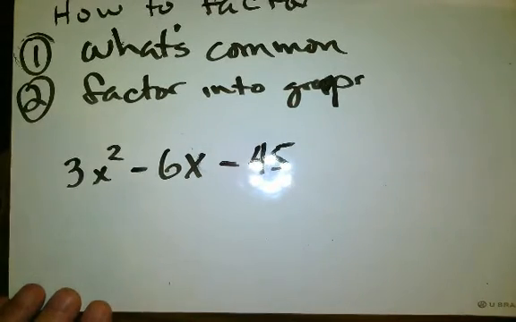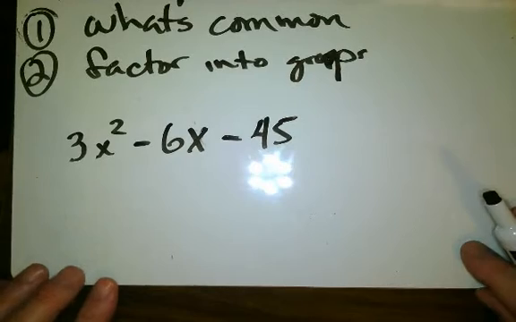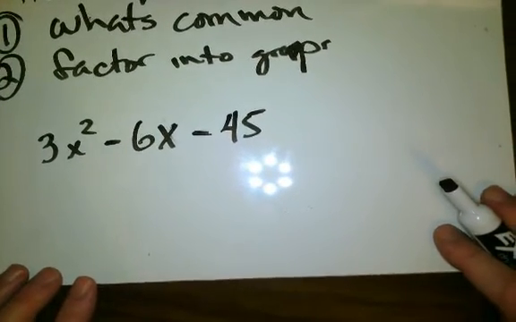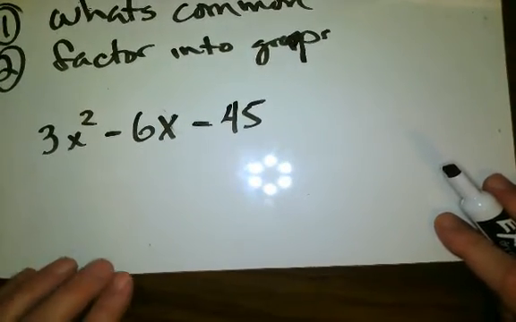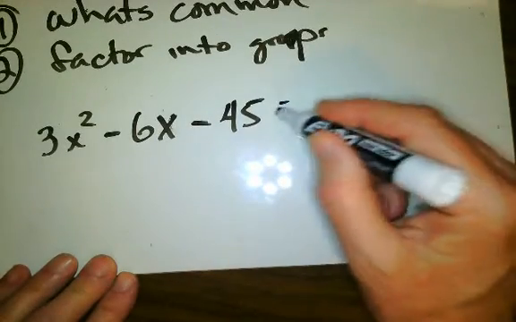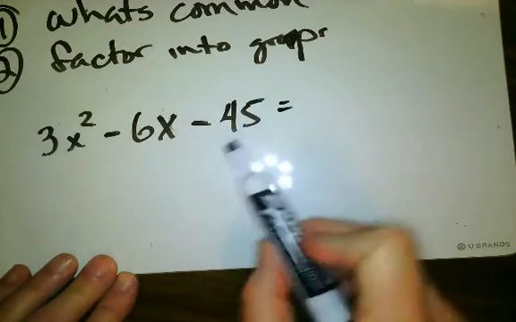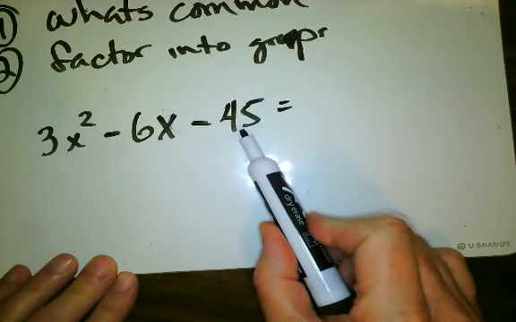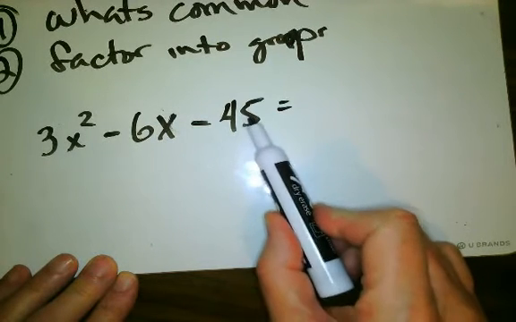All right. So, our job is to figure out what is common. So I have to take out what's common. Now, I know this is divisible by 3, obviously. This one is also divisible by 3.